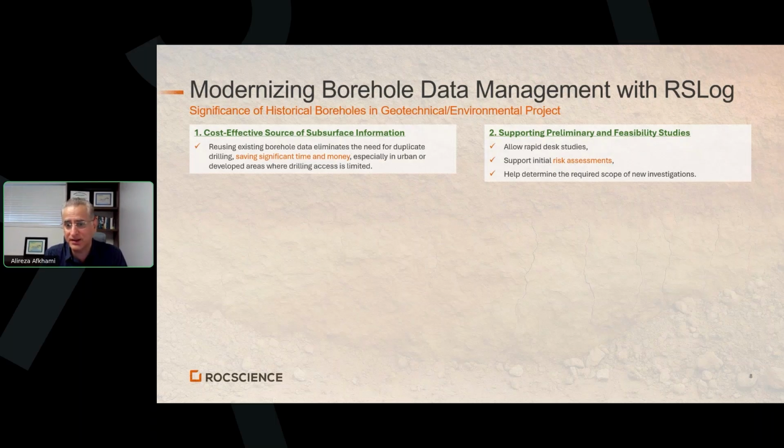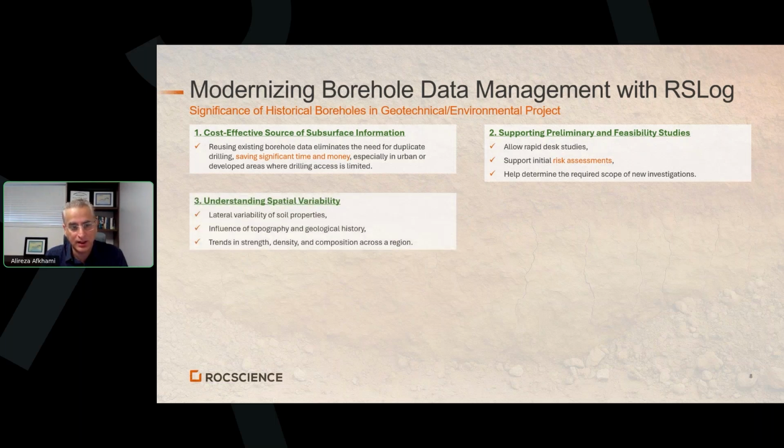Like if you know that this is a site with peat, or a site that will need piles, or liquefaction is going to be a problem, then definitely you will take that into consideration in your design and in your study. Also about variability of soil properties across the site.